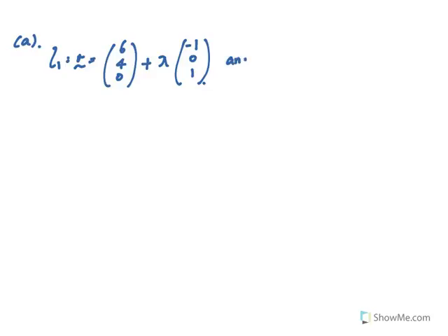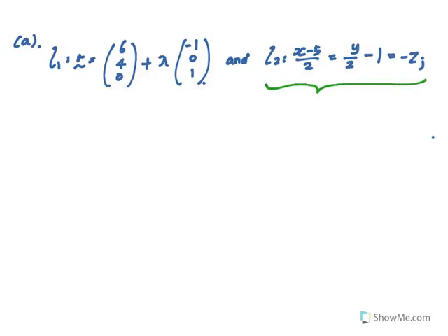And for line 2, we know it looks like this: (x minus 5) over 2 equals y over 2 minus 1 equals negative z. From here, we swap this into vector form. Solving, 2 lambda equals x minus 5, so x equals 5 plus 2 lambda.